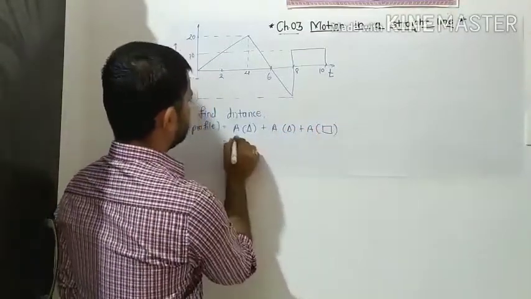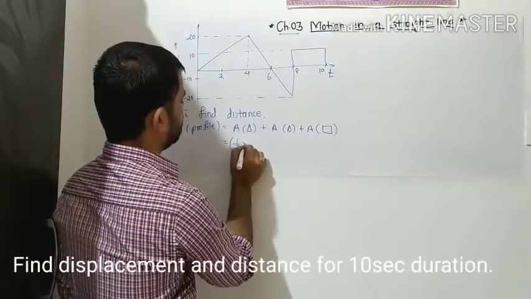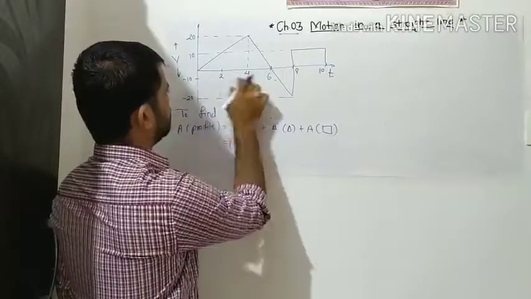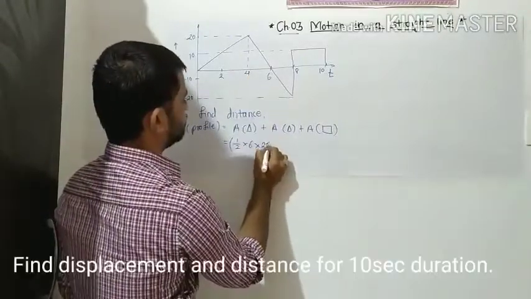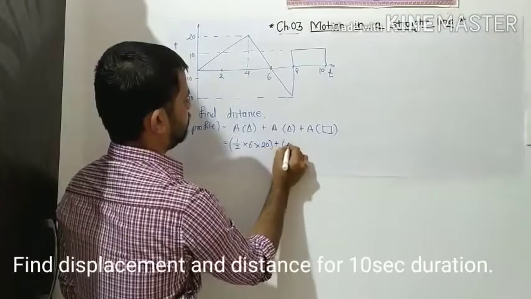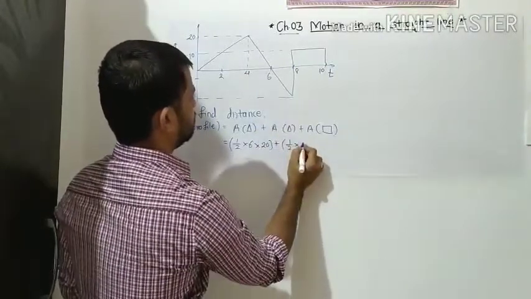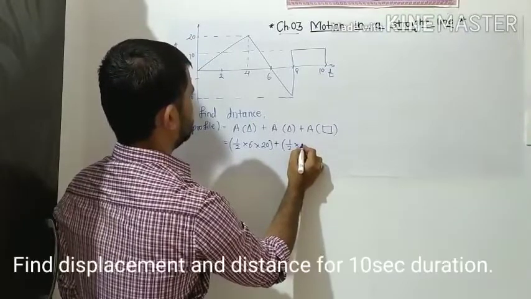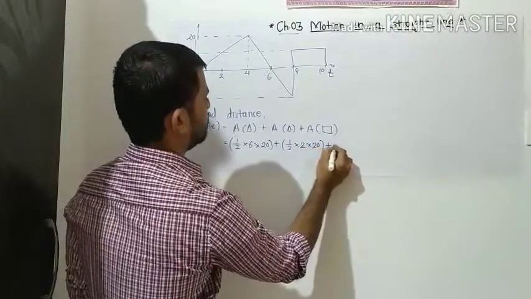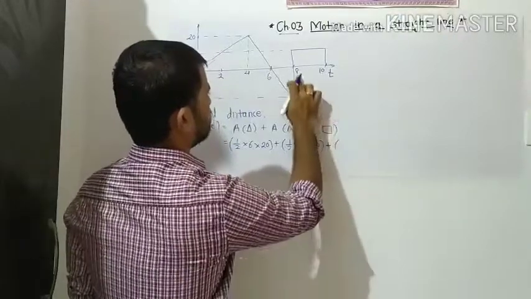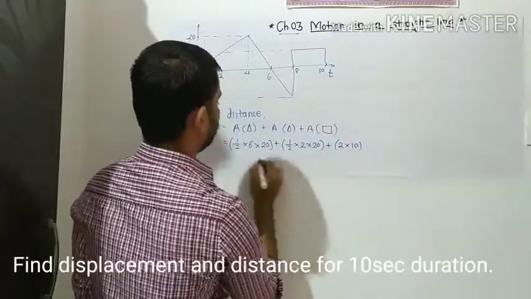So what is the area of triangle? From here it is 1/2 into 6 into height 20, plus 1/2 for this triangle, base is 2 and height is 20, plus 2 into 10, the length into width.